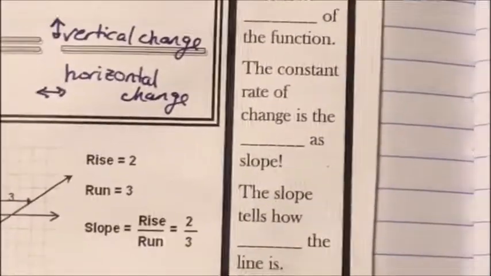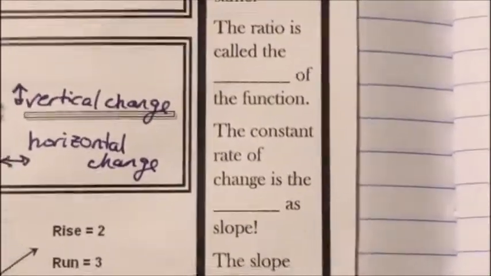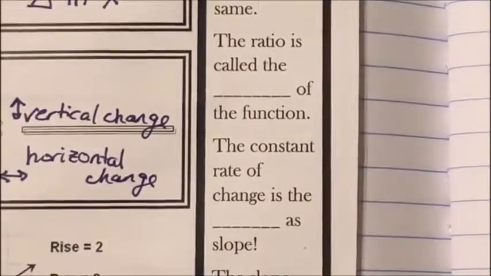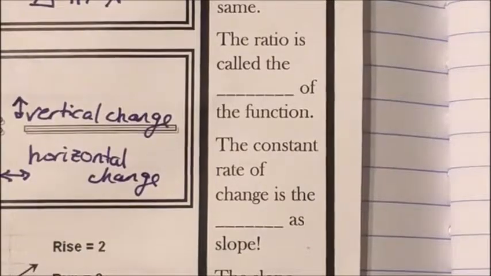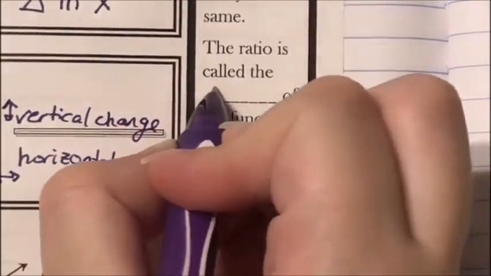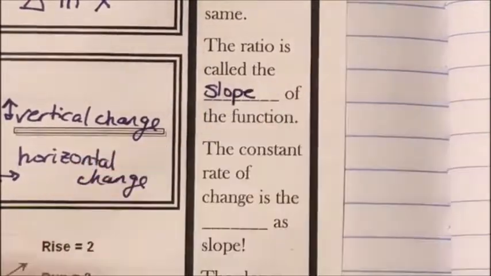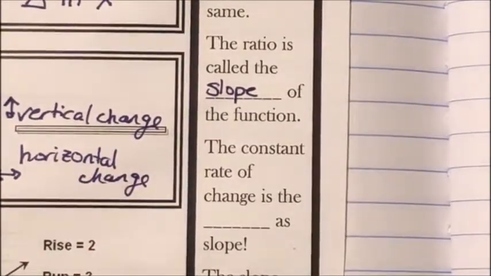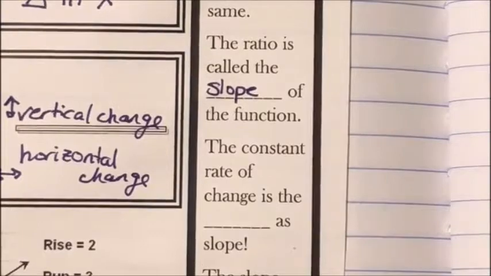The second sentence I have down here is the ratio is called the blank of the function. So the ratio is called the slope of the function. The constant rate of change is the blank as slope.